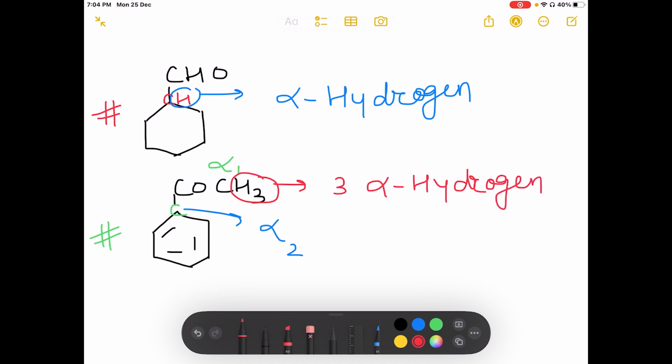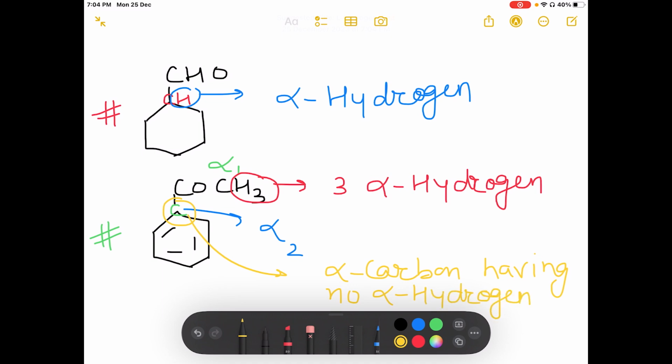But the carbon of benzene ring, this carbon, doesn't have any alpha hydrogen. So here we have an alpha carbon having no alpha hydrogen. Alpha hydrogen is absent here.